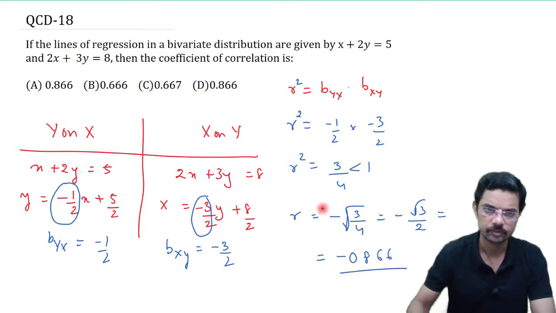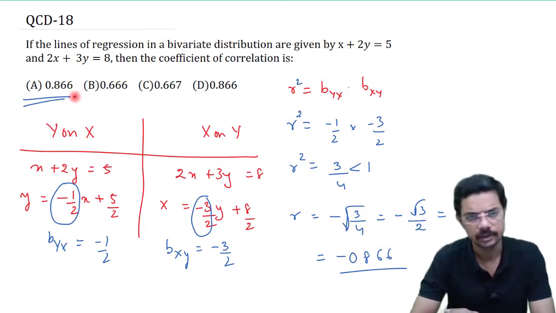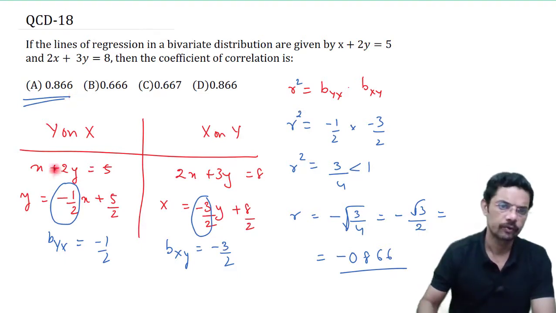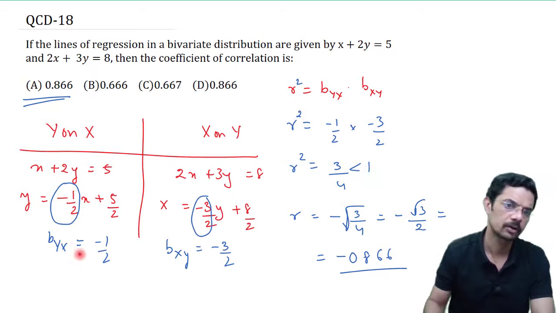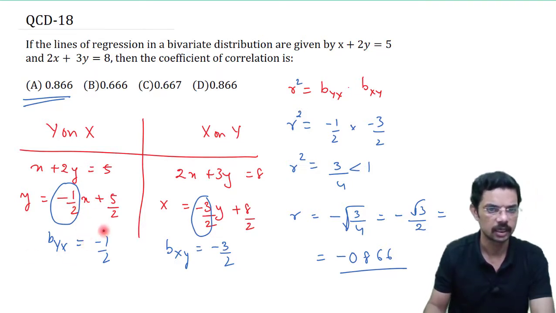So it is option A, 0.866. To find the regression coefficients, we know that r square is less than 1, therefore our assumption is correct. Otherwise we would have had to take the reciprocals of these two.